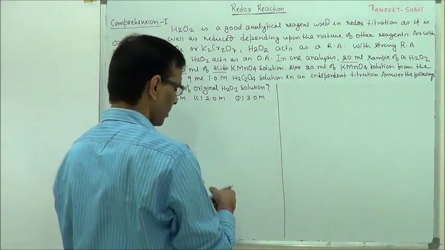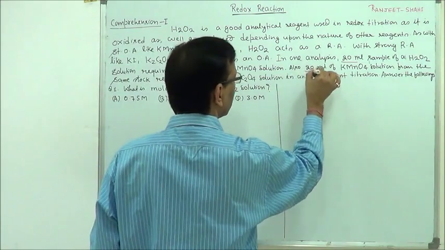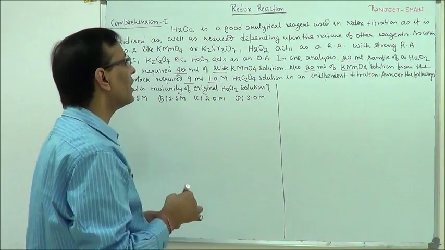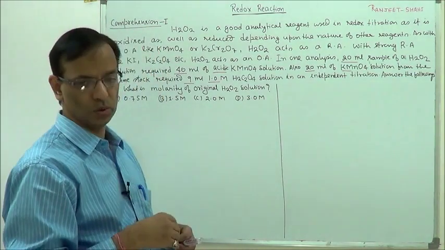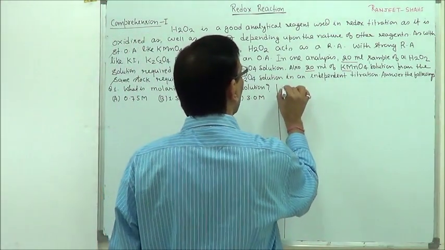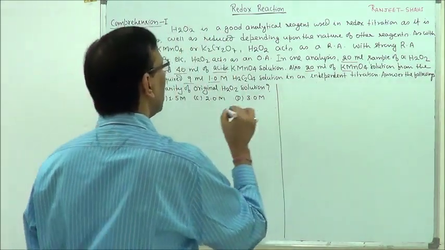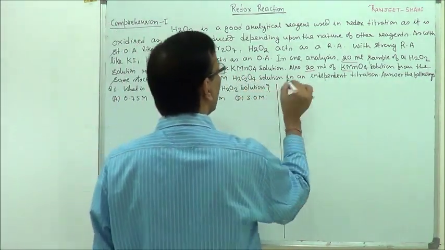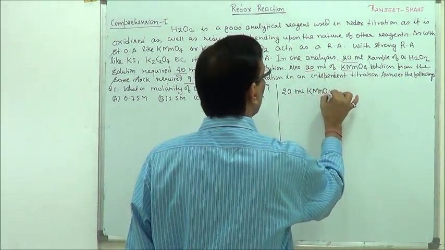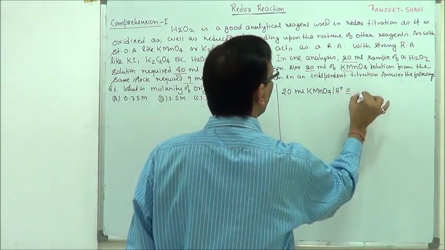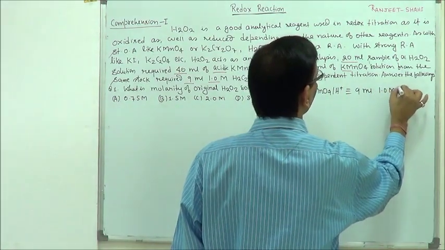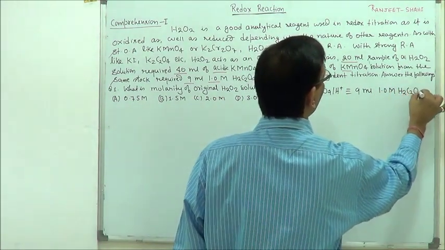So from the second titration, we can determine the strength of potassium permanganate solution. How? 20 ml KMnO4 in acidic medium is equivalent to 9 ml 1 molar H2C2O4 solution.